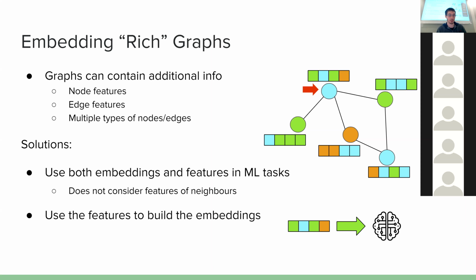The advantage of this approach is that because the embeddings depend on the embeddings of the neighbors and on the features, then transitively your embedding also depends on the features of your neighbors. So in some sense, it's as powerful as concatenating also the features of all your neighbors. So it allows you to include more information.